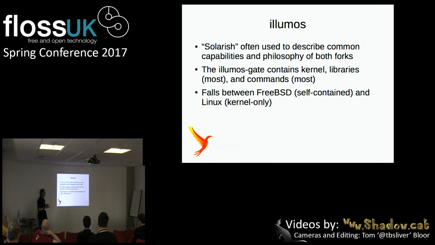So, what do we actually have in Illumos? And the first thing there is that there's a word that we often use, which is Solarish, which is a way of talking about the Solaris and Illumos and the various derivatives, and their common capabilities and the philosophy and the way that they work.